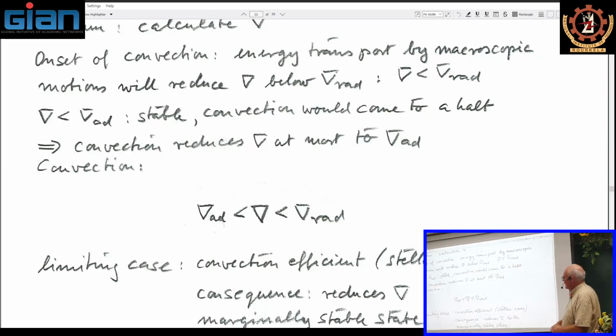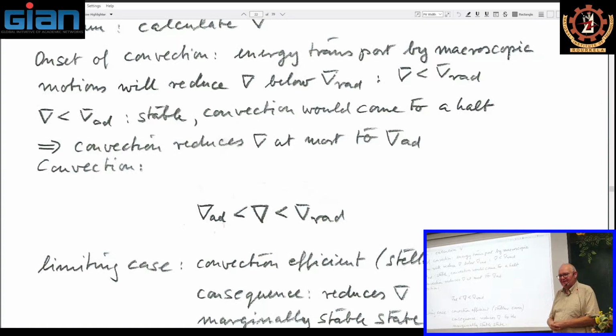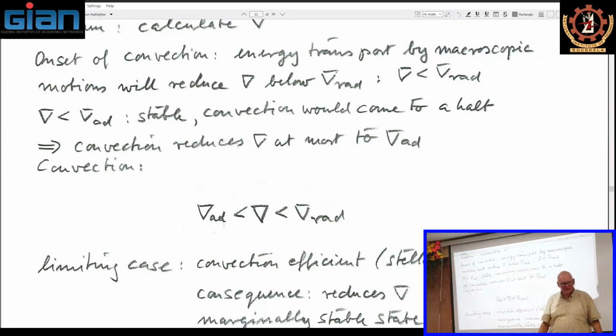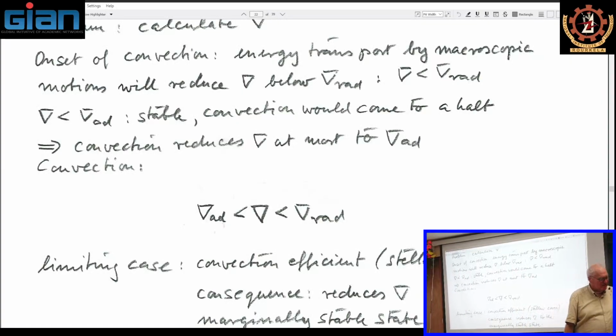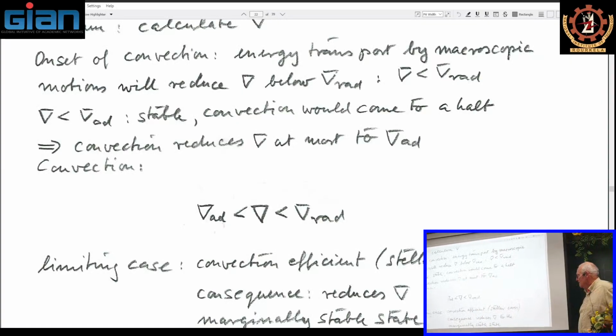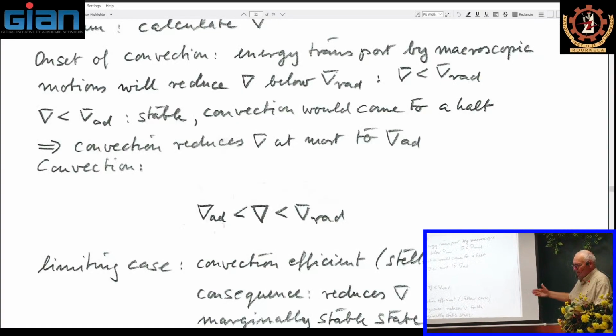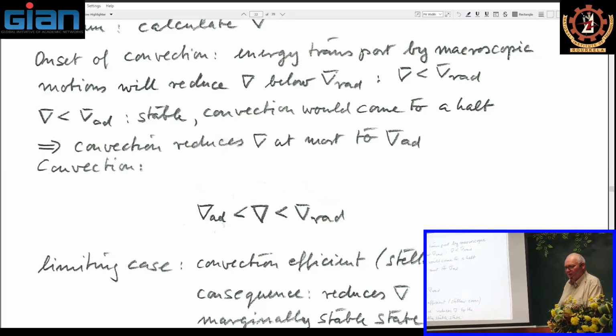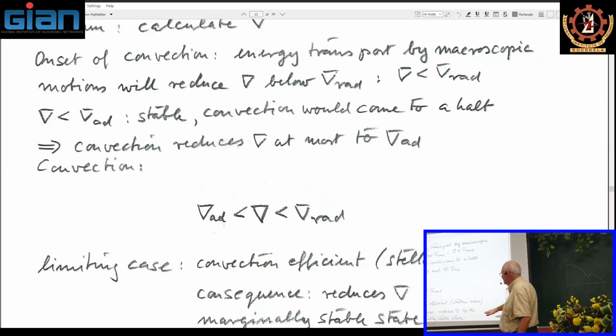finally? Well, if convection is very efficient, then it will reduce it down to the value of nabla adiabatic. It means convection transports energy efficiently, and this again means we have the maximum reduction of nabla close to the value of nabla adiabatic until the marginally stable state is reached.